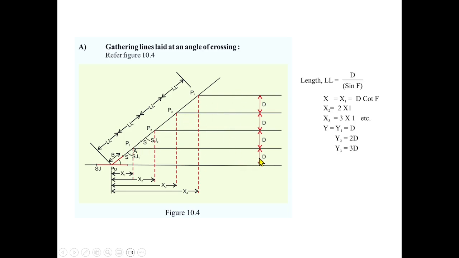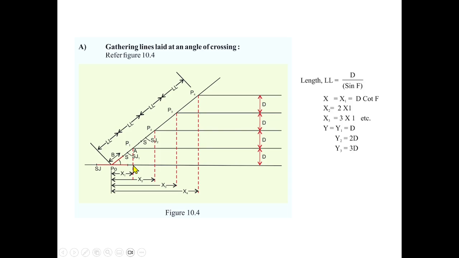Duly maintain a distance equal to d, the minimum distance prescribed in the manual. Here is how it is to be done. Suppose this is your points and crossing, which we lay out first. Next, the points and crossing where you have to lay the other line. As usual, we have to find the distance x, that is, from the point of intersection of the first point to the other point.